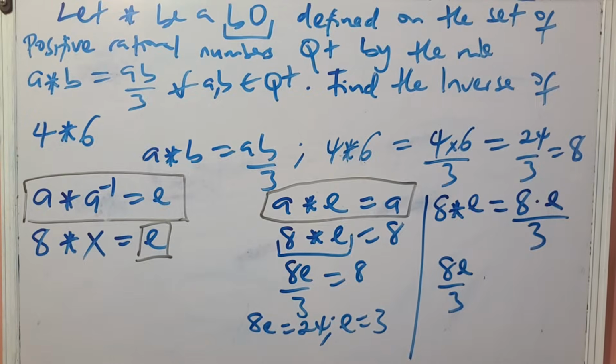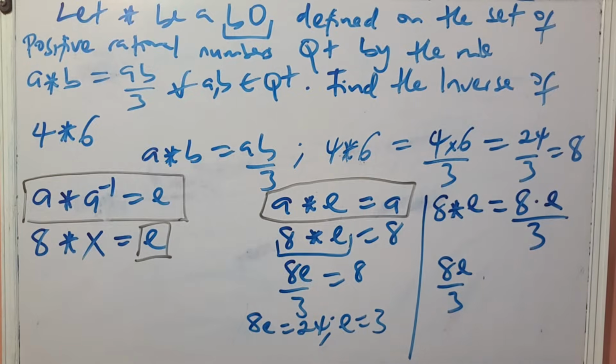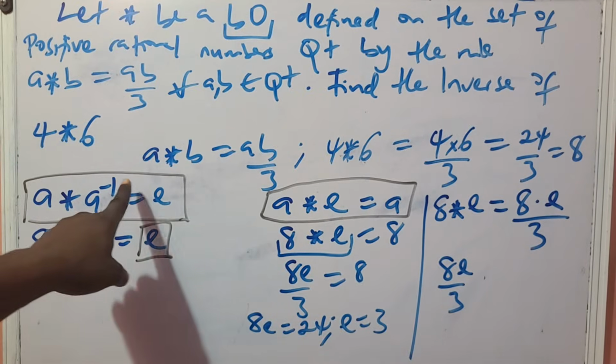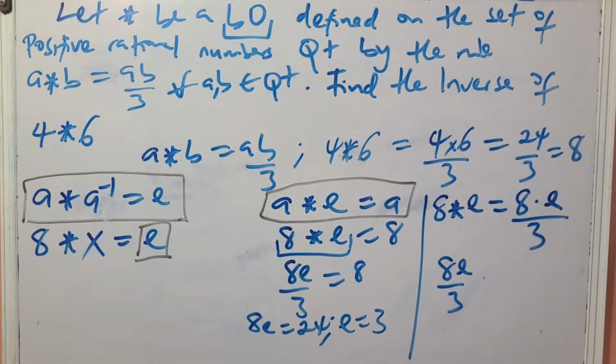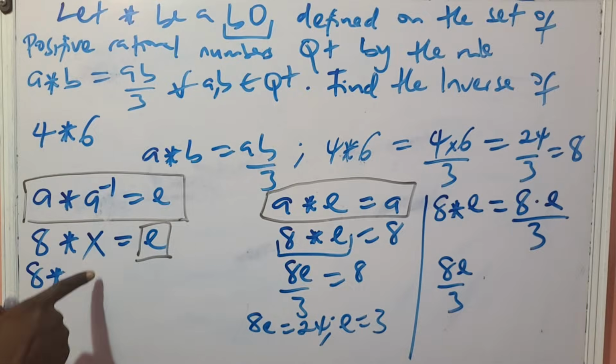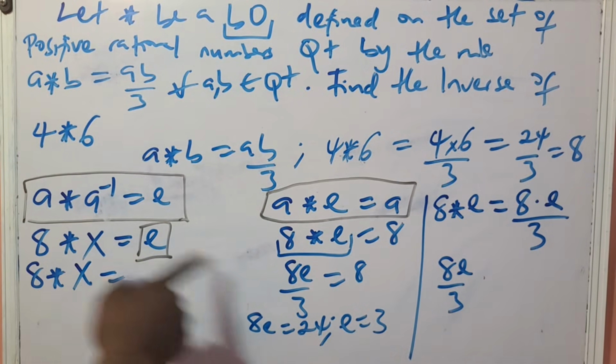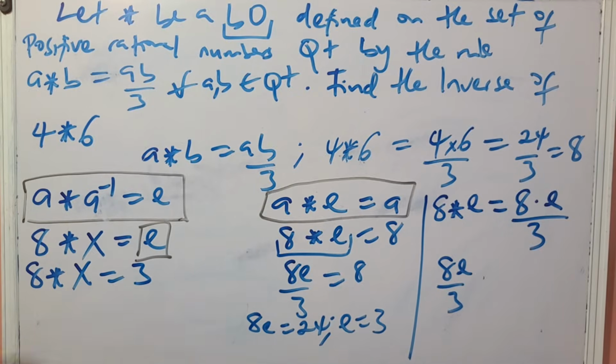We have gotten the identity element E to be 3, which is what we were looking for. Now, the next thing we want to do is to fix that E in this our expression, which was very vital for finding our inverse. All right. So we have 8 star, whatever the inverse was, which we represented as X, is now equals to, we've gotten our E now to be equals to 3.